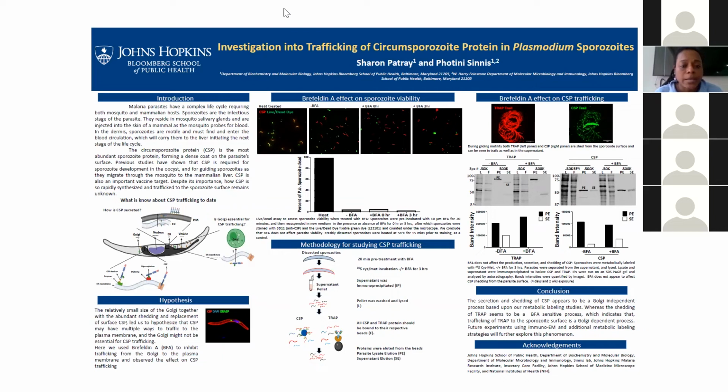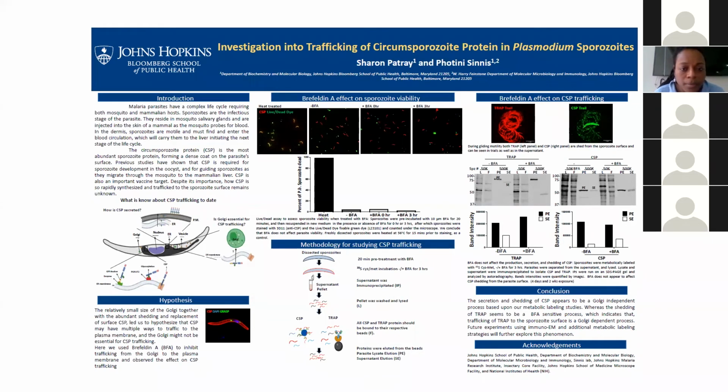As you can see from the image in the middle on the top, we have the heat-killed parasites, which are stained with CSP in red and the live/dead dye in green, and they are represented in orange.